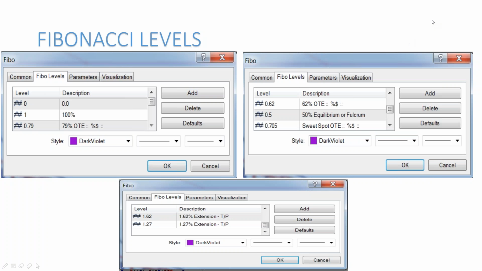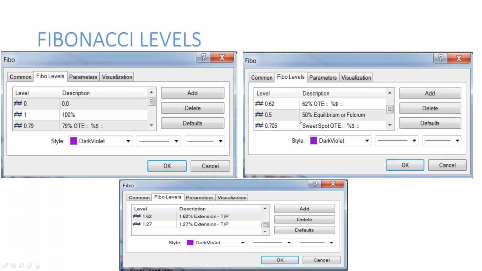Okay, so the Fibonacci levels that I use: if you take your Fibonacci and replot the levels, I've got 0, I've got my 100 level, 79 optimal trade entry. This is a great spot where you see a lot of price action reaching that 79% optimal trade entry and turning around, or it reaches the sweet spot, which is 70.5.